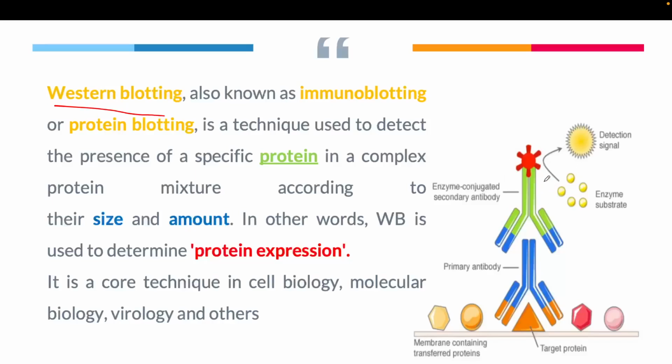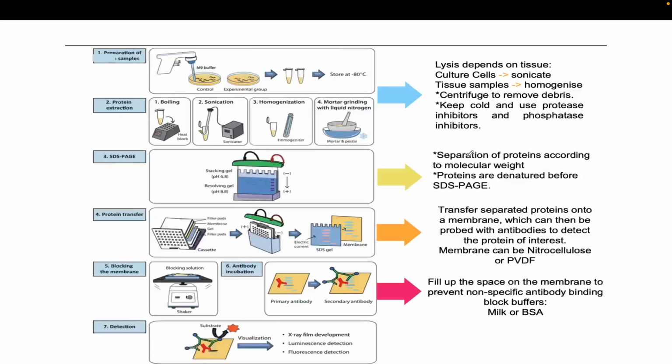When you add the substrate, the enzyme acts on it and converts it into a product. That product is detected by chemiluminescence or fluorescence. So this is the Western blotting.